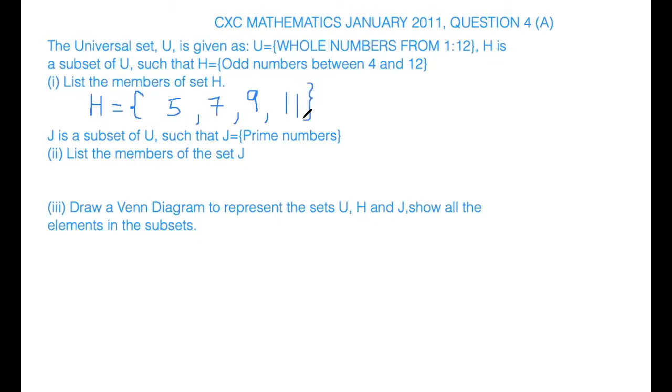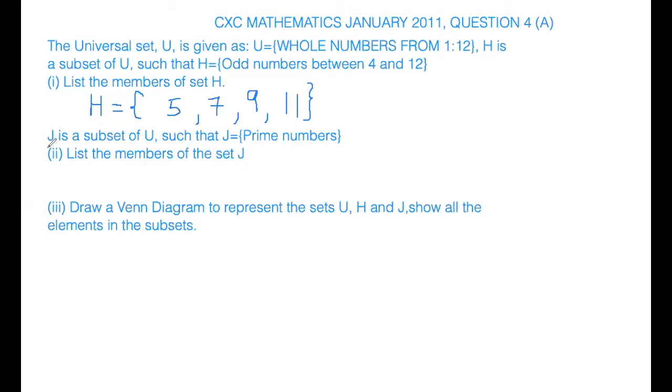Remember, H represents odd numbers between 4 and 12, and odd numbers are numbers that are not divisible by 2, so the numbers are 5, 7, 9, and 11.